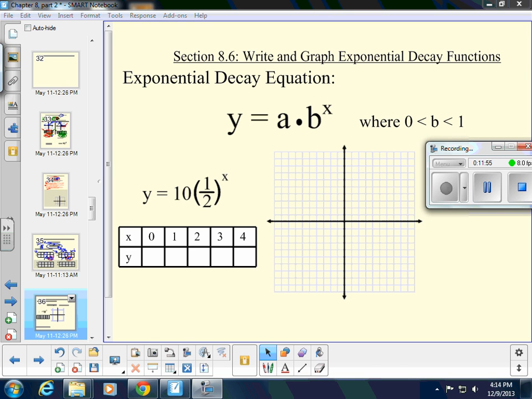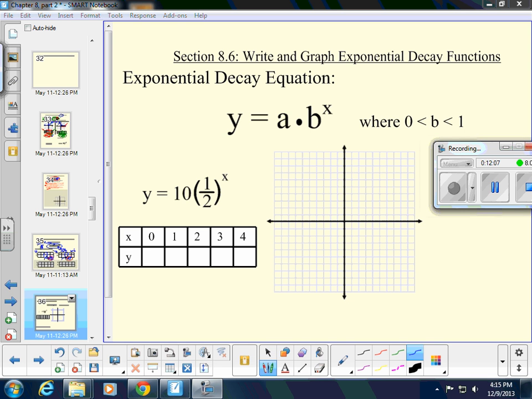Then just like I did for exponential growth, I'll give one example here of an exponential decay equation and how to graph that. For exponential decay, you can plug in, again, numbers like -2 and -1 for x, but I think sometimes it makes a little more sense just to start at 0 and start plugging in numbers from there. You can go up by 1s, or sometimes going up by 2s or 3s makes it a little easier to really see the shape of the exponential decay equation.